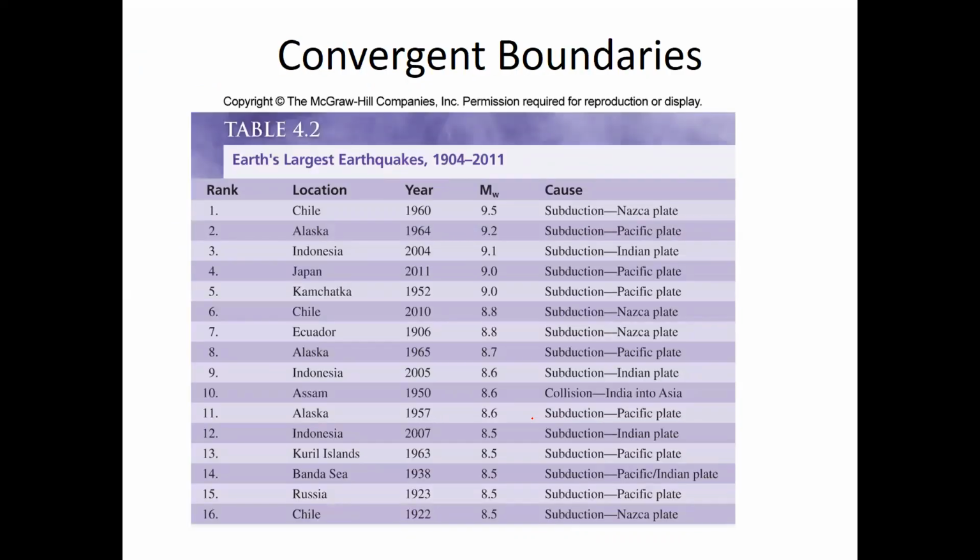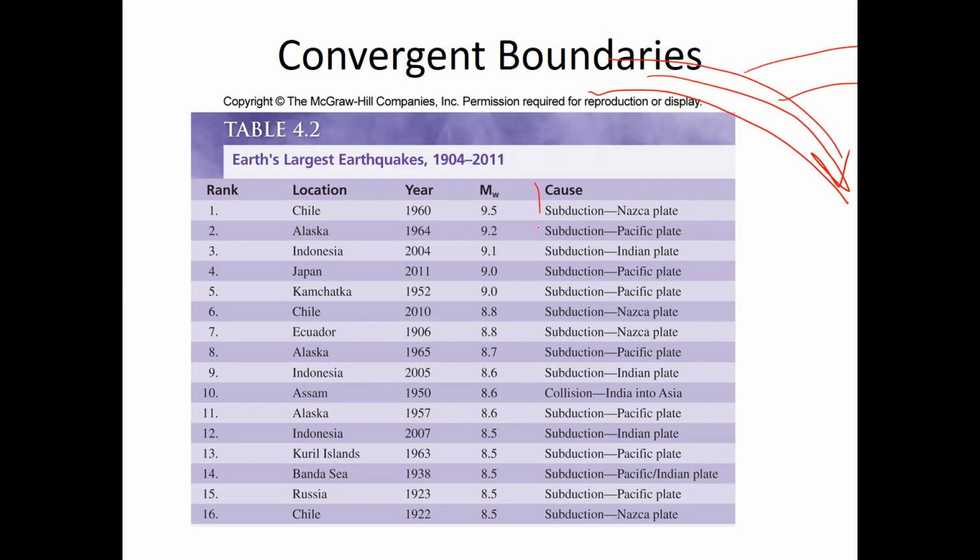In this table, we see a list of the largest earthquakes through the time period of 1904 to 2011. We have the rank in the far left-hand column, then location, moving right, the year, the moment magnitude, and the cause. Subduction is where oceanic lithosphere converges with another plate and sinks down into the Earth's mantle, so it's a convergent plate boundary.